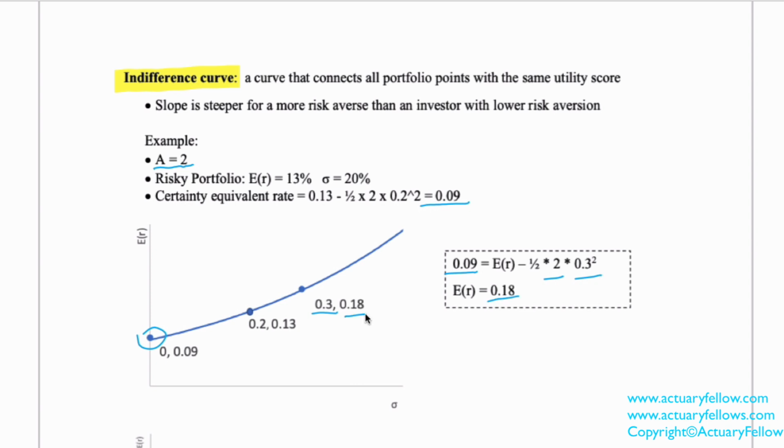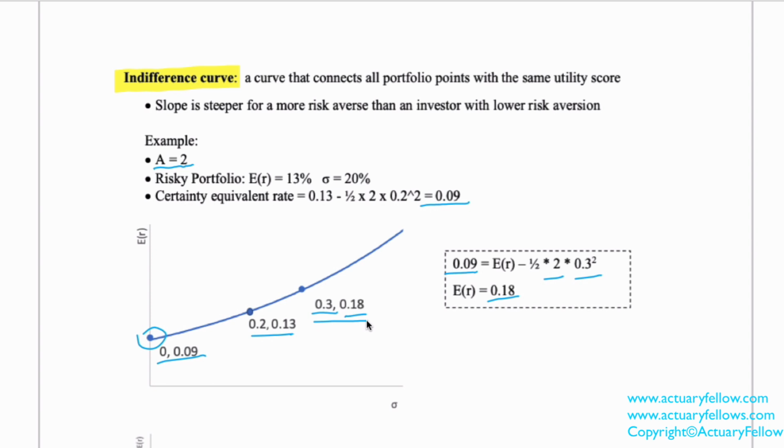All three portfolios are on the same curve. They have the same utility, 0.09. To recap, the y-intercept is the certainty equivalent rate of return and also the utility for risky portfolios on the curve.